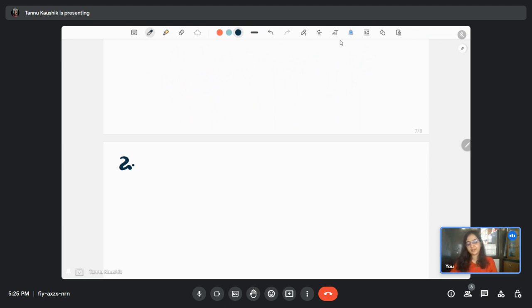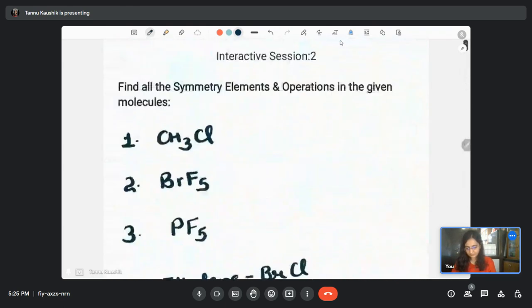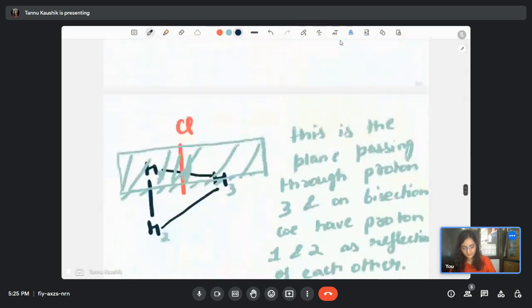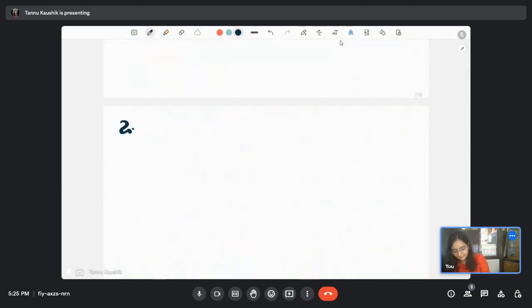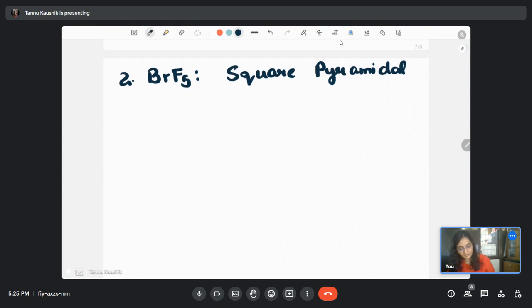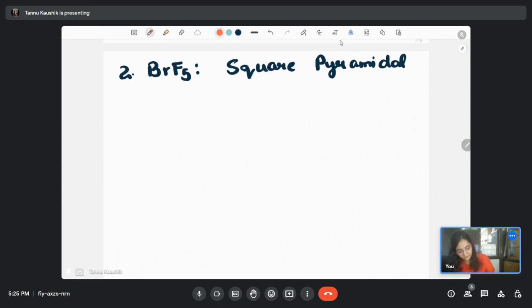The next molecule we will be taking is BrF5. BrF5 has square pyramidal geometry. And how do we represent it?